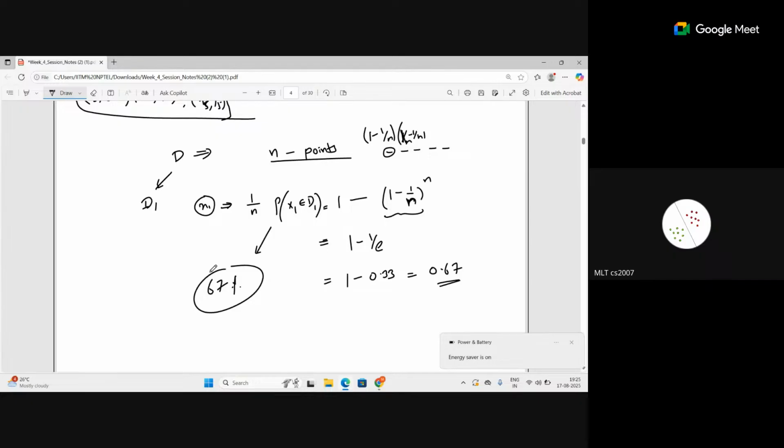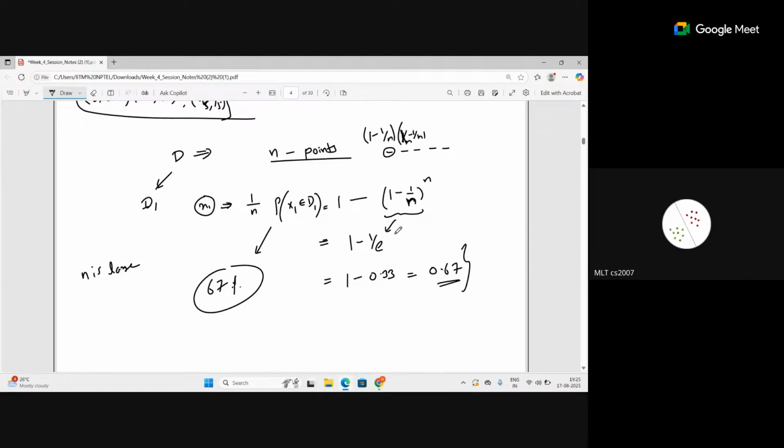There is a 67% chance that it will appear. Again, this will happen when n is large, because that limit exists when n is tending to infinity.